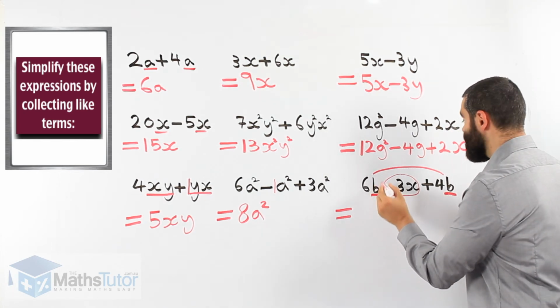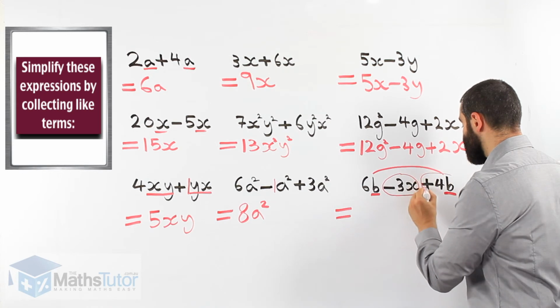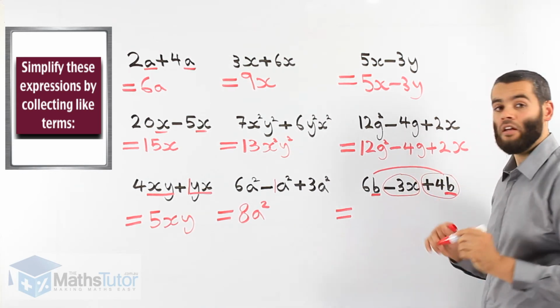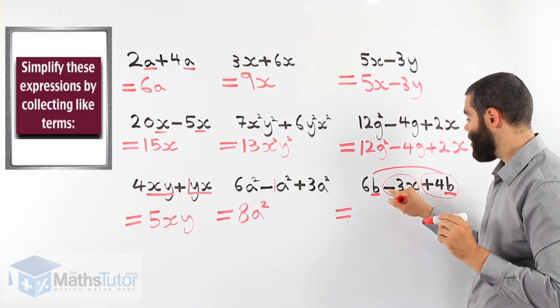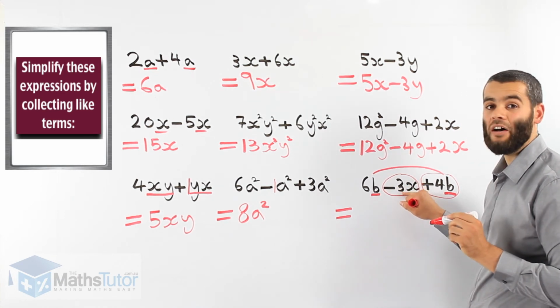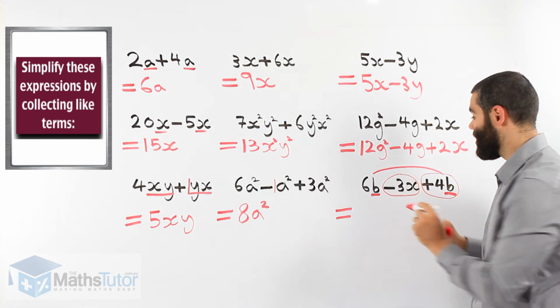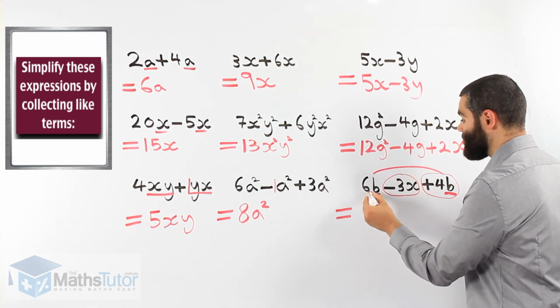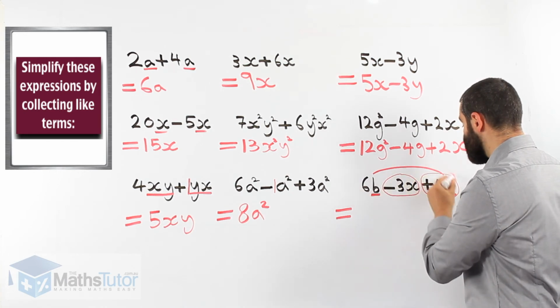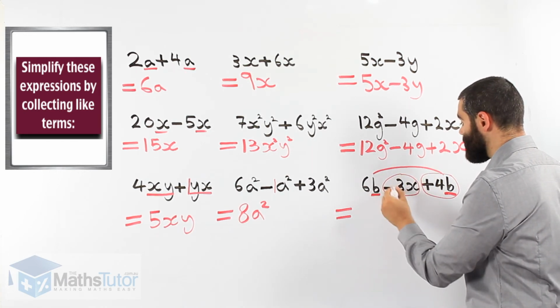It's 6b plus 4b. The symbol always sticks, it belongs to the term after it. Very important rule. The symbol belongs to the term after it. So it's 6b plus 4b. The minus belongs to the 3x.